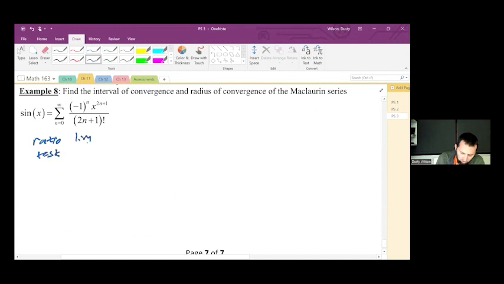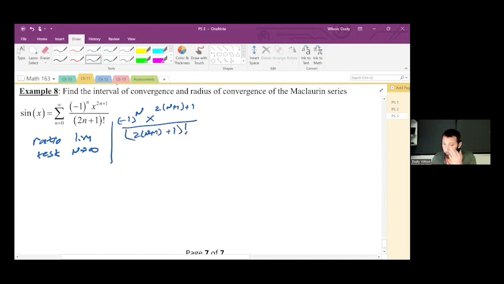So we need the limit as n goes to infinity of the absolute value of, now here's our ratio. So negative 1 to the n, x to the 2 times n plus 1 all over 2 times n plus 1 plus 1, all that factorial. Make sure you get your parentheses for your factorial. All divided by negative 1 to the n, oh, I lost my plus 1 up here, x to the 2n plus 1 over 2n plus 1 factorial.